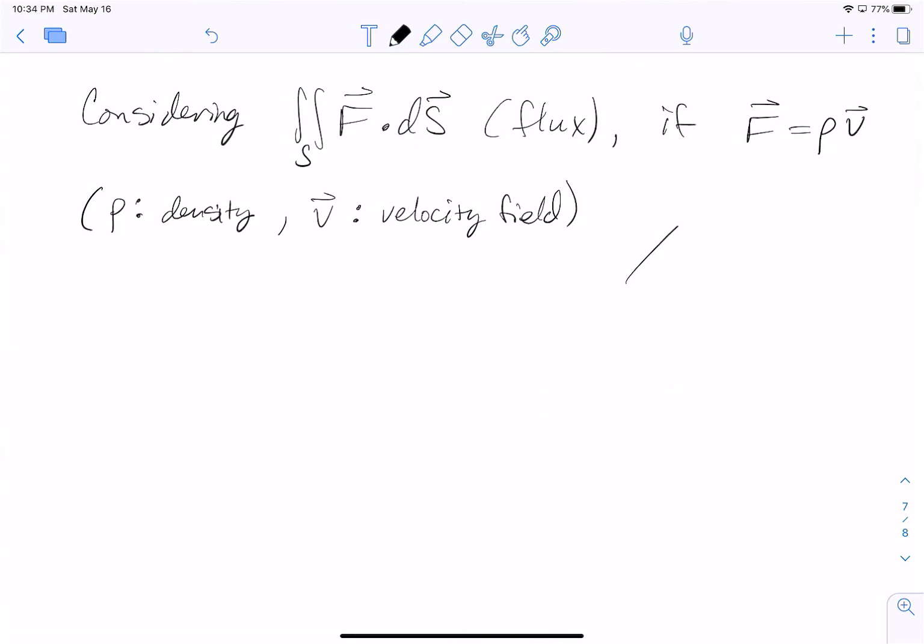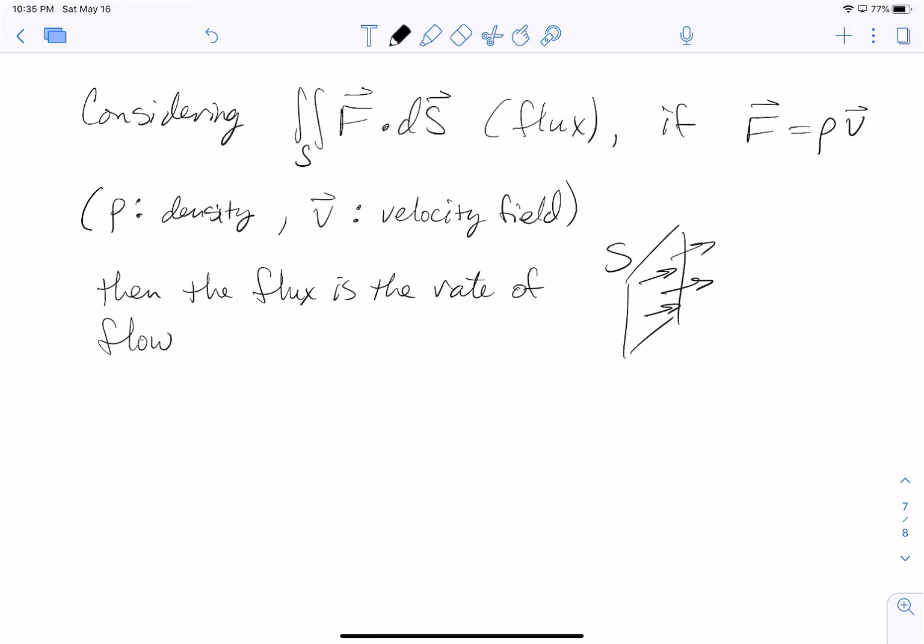That is to say, if v gives the velocity of a fluid that's passing through a surface S, and as I said, the fluid has density rho, then the flux is the rate of flow of the fluid through S.